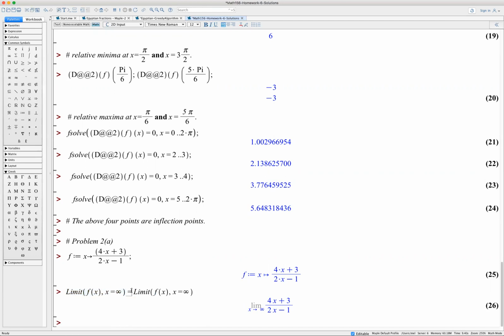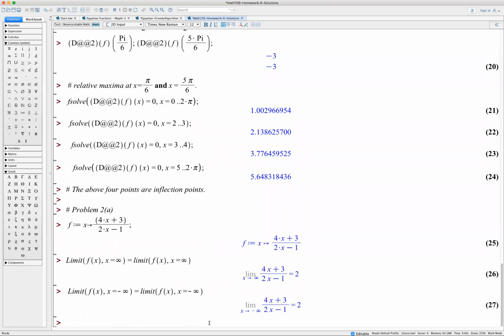Say equals, and I write limit lowercase, I get 2. And if I want to go to minus infinity, it's also 2. So this function has a horizontal asymptote, the line y equals 2.